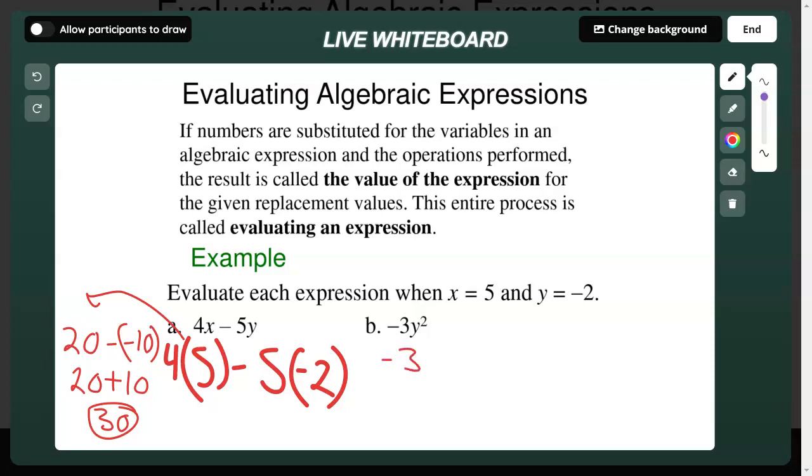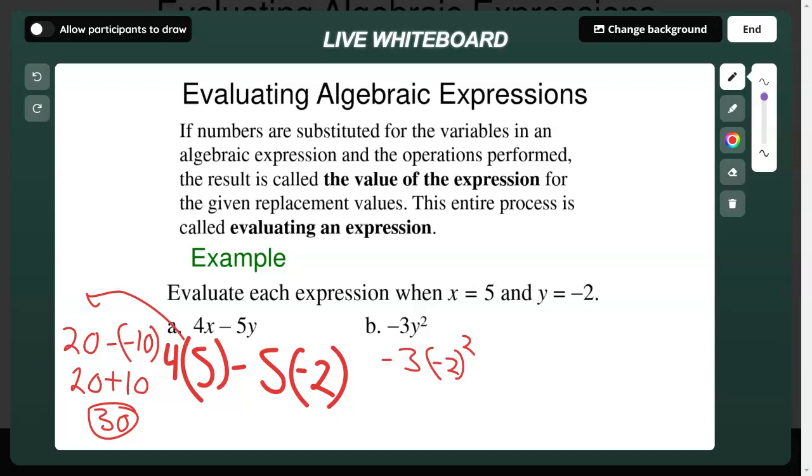-3 times what? -2 squared. Now, again, we have those exponents and those bases. Y is our base and y is -2. So that means -2 is the base of the exponent. So it needs to be in parentheses to indicate that -2 is the base. What's the first operation to do?